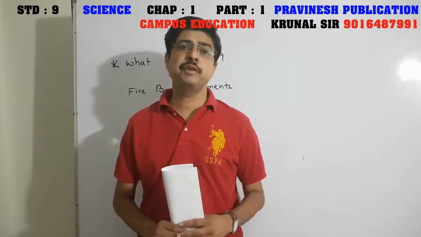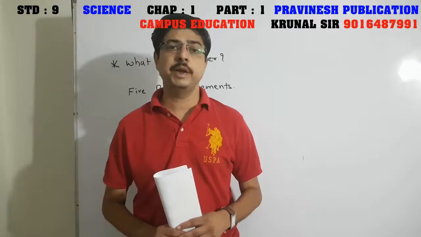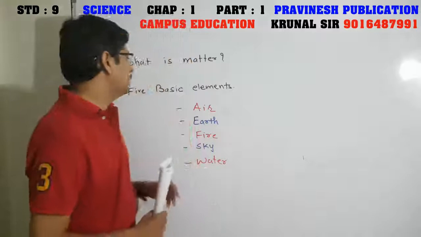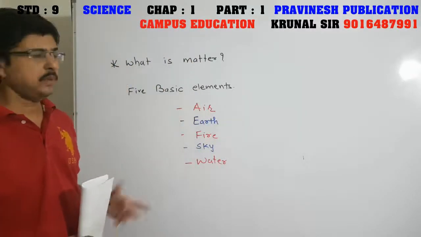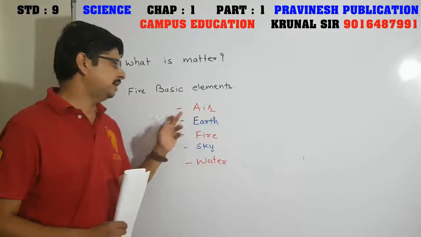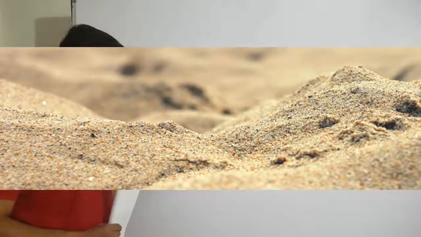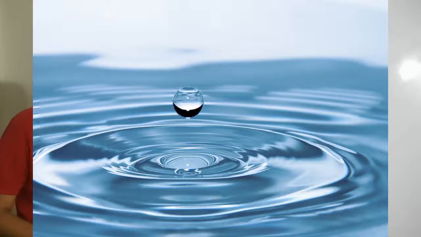There are many different theories about how this matter is made up. The simple theory is that matter is made up of 5 basic elements. Which 5 basic elements? Air, earth, fire, sky, and water.